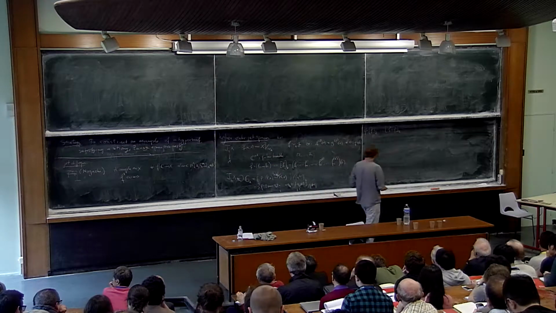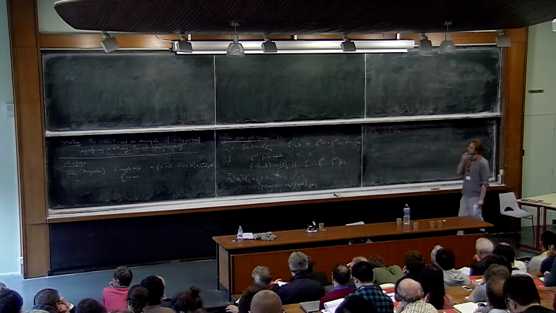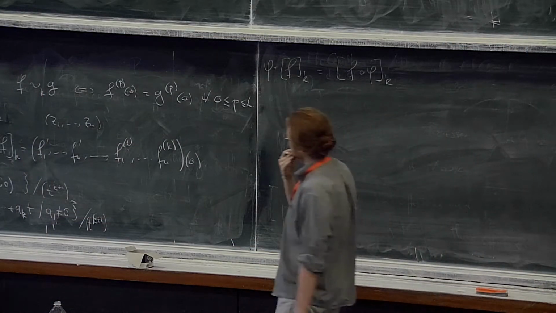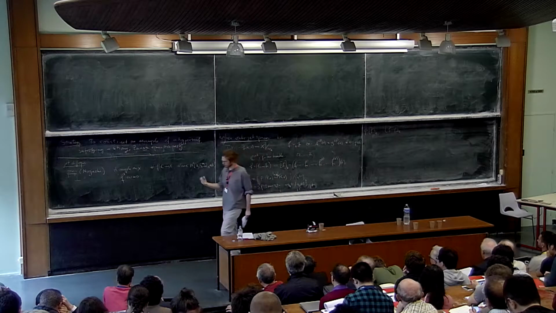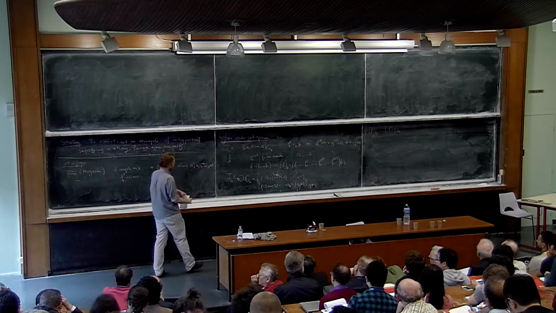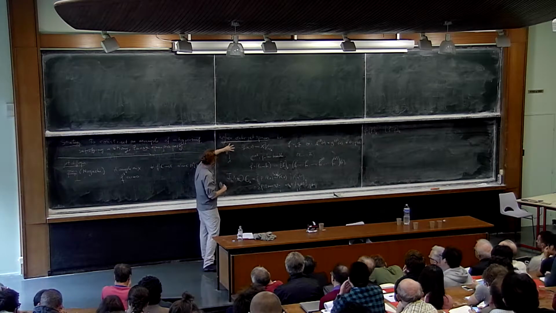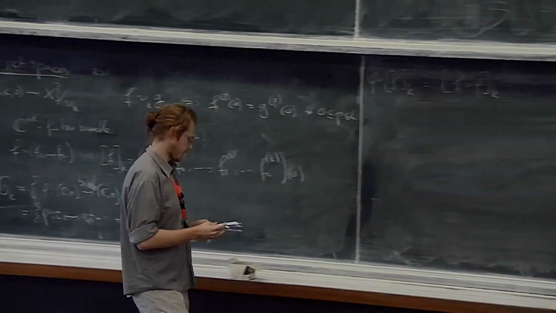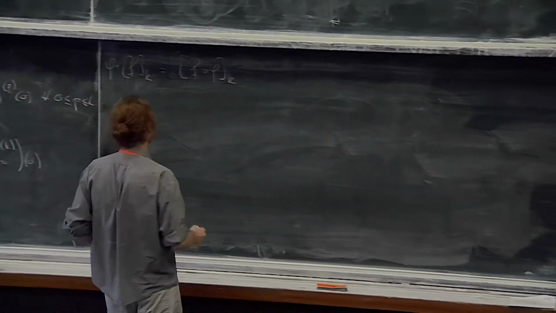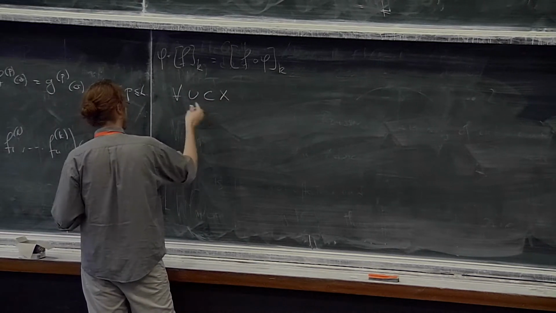And so what you can define then is some vector bundles, the vector bundle of jet differential equations, which will be some invariant functions on this space, invariant under this group G_k. So for any u in X, you can define an open subset.